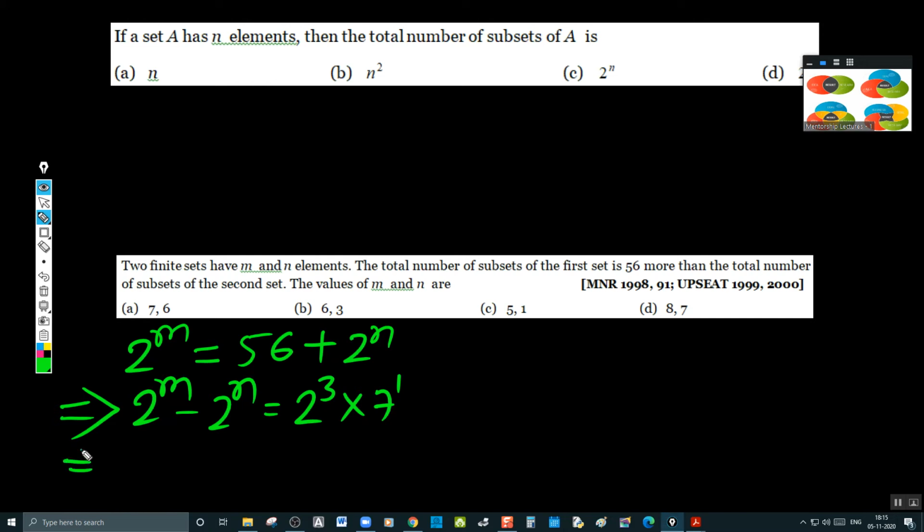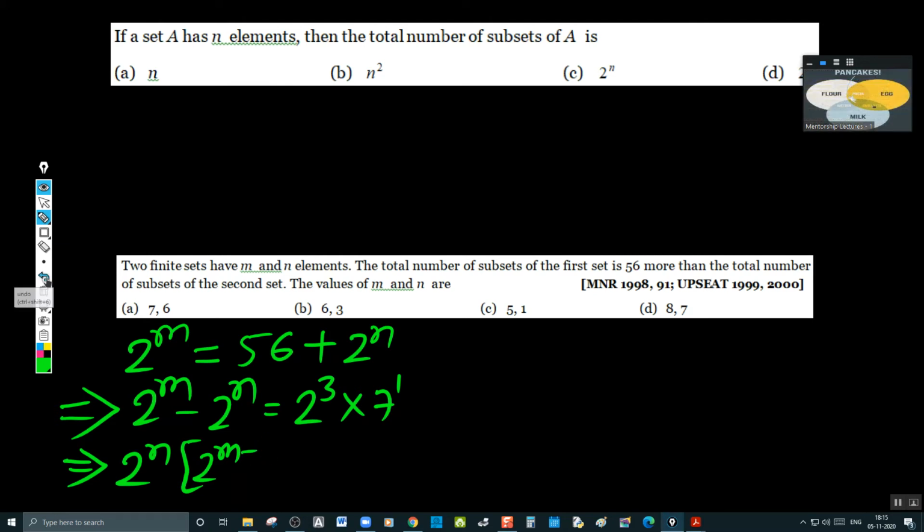Now what I'm doing, I'm taking 2 power n common, and thereby you will get 2 power m minus n, minus 1, is equal to 2 cube into 7.